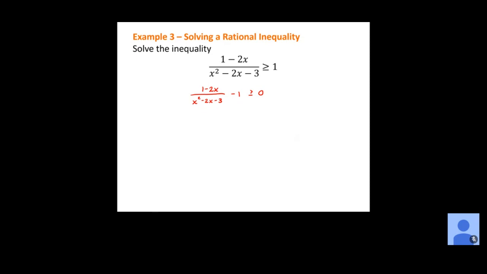So in this case, we know the 1 could just be written as 1 over itself, right? So its common denominator is just going to be this thing right here. We're going to have 1 minus 2x over x squared minus 2x minus 3. And then this is just going to be x squared minus 2x minus 3 over x squared minus 2x minus 3, because that over itself would give us 1. Any questions about finding the common denominator for this one now?